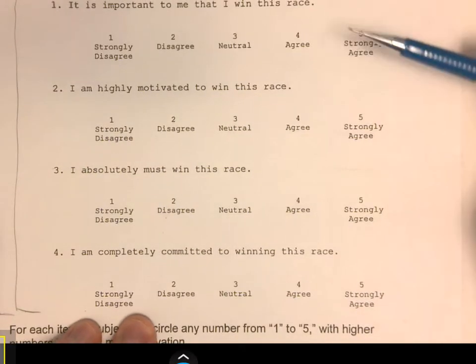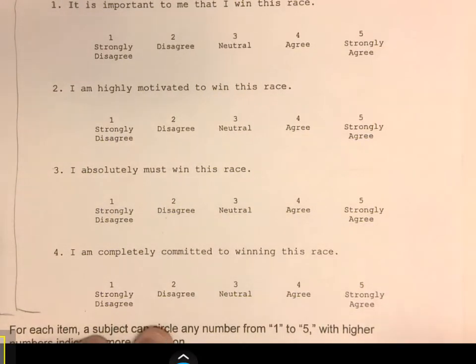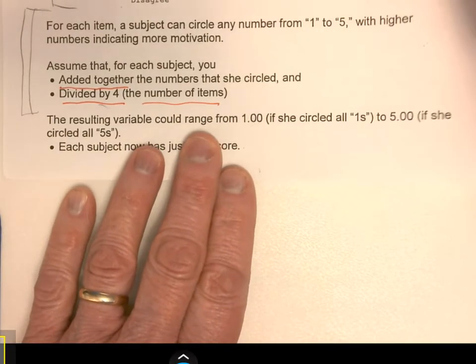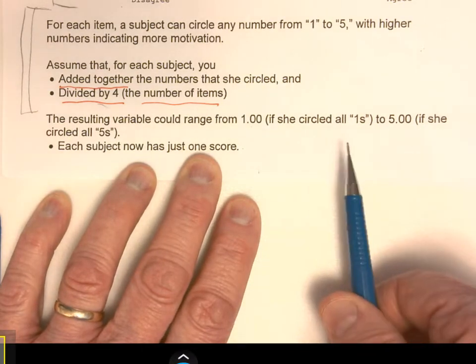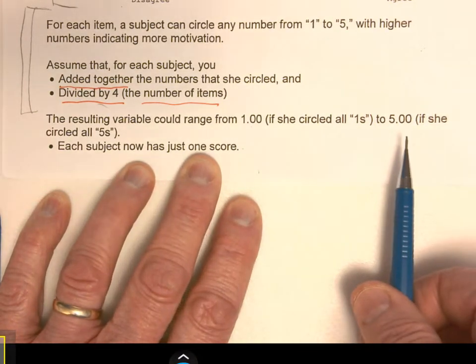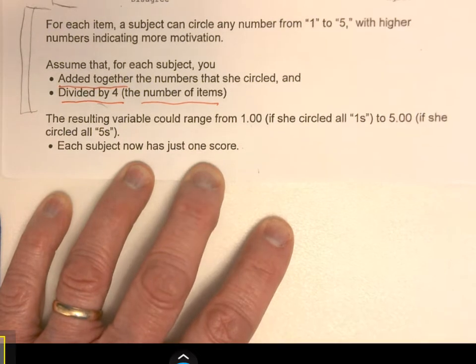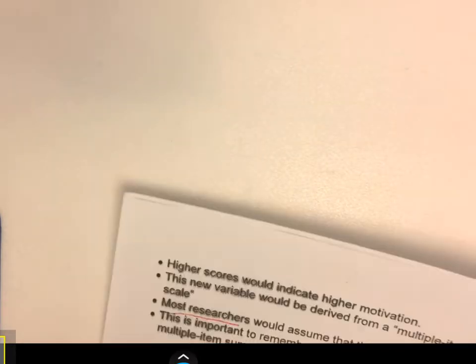Whatever numbers she circled, you add them together and you divide by 4 because you have 4 items. The resulting score for your subject could range anywhere from 1.0 if she circled all 1s to 5.0 if she had circled all 5s. Each subject now has one score. Higher scores do indicate higher levels of motivation.